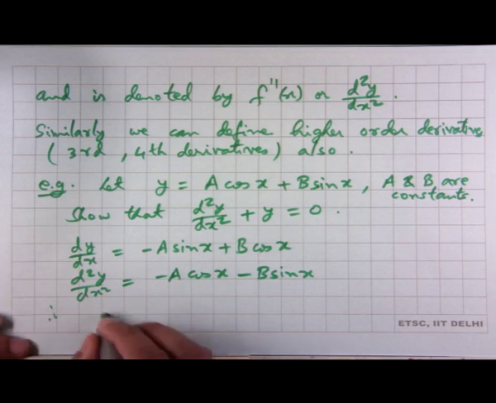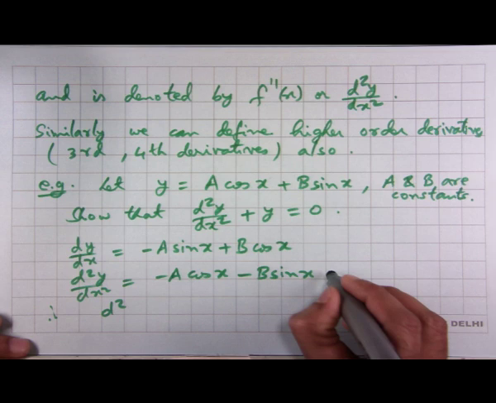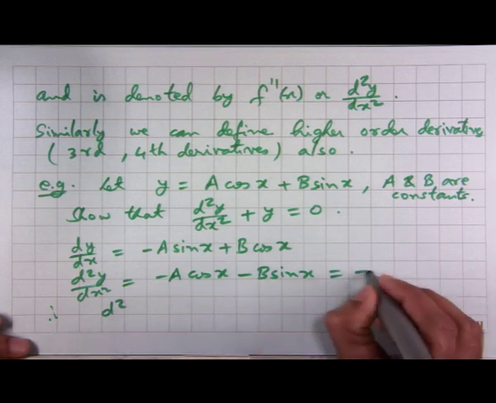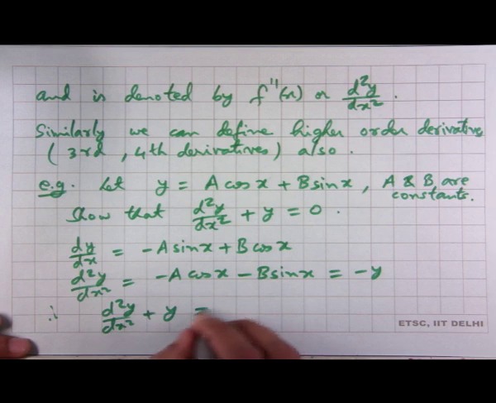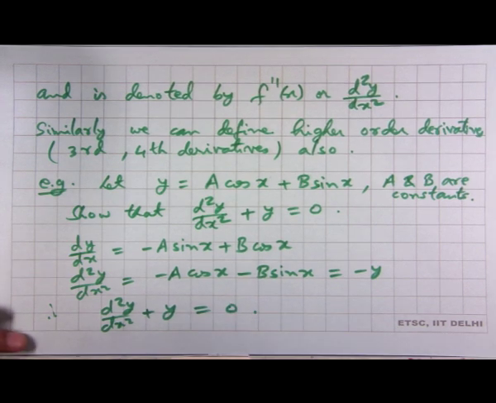Therefore, this is equal to simply minus of y. So, d2y dx square plus y is equal to 0. Now, let us talk about sign of derivatives.